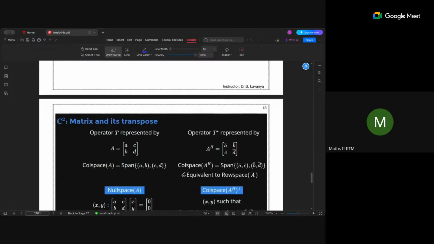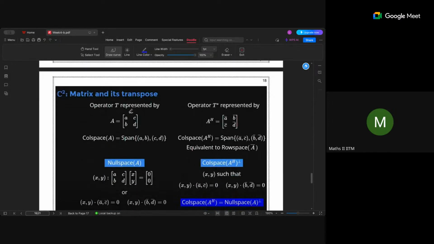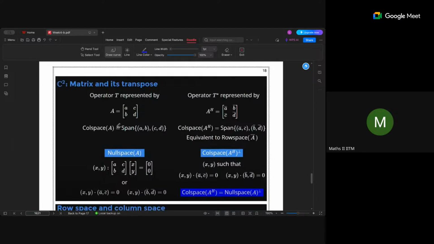Fine. Now, let us look at the same thing in case of C2. In case of C2, now you have the column spaces of A, B and C, D, and the column space of, instead of A transpose, now I am having the complex conjugate transpose.